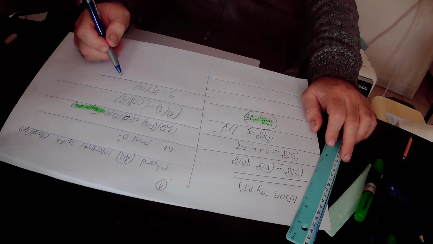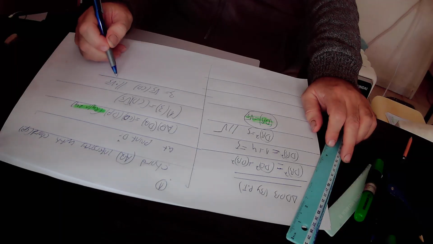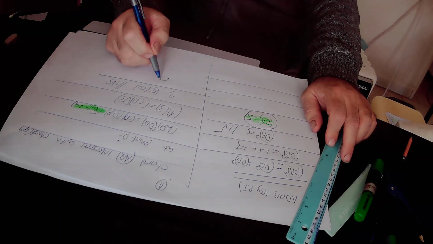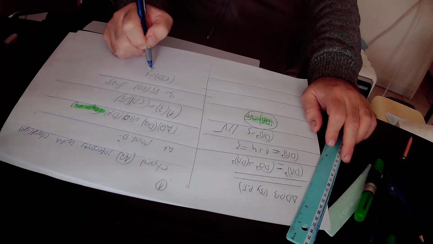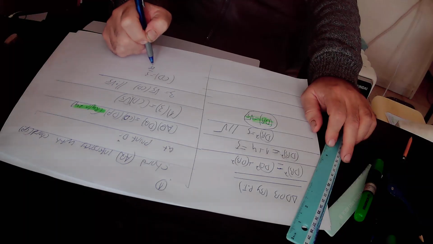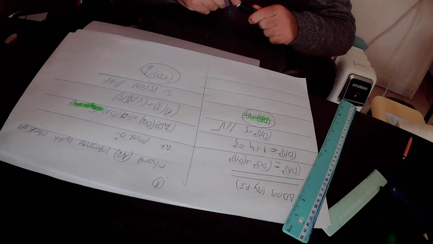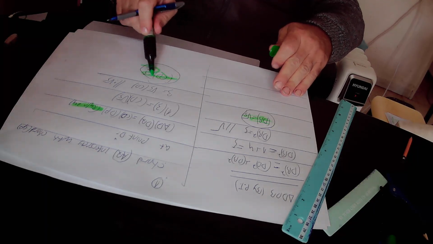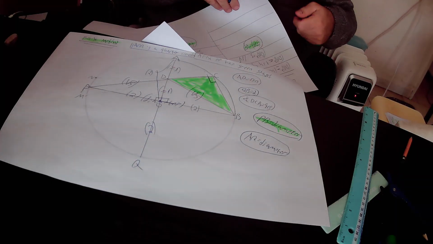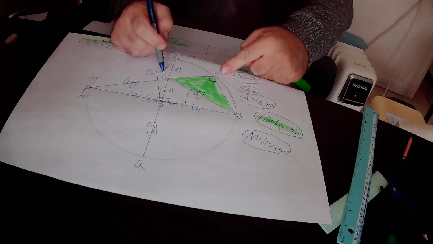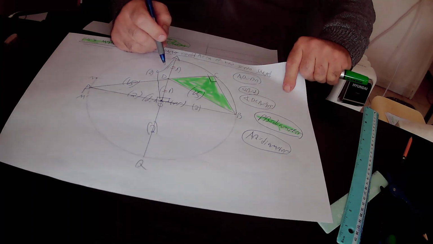Here we divide this equation by square root of 5. We get that the missing side CD is equal to 3 over square root of 5 units in length.